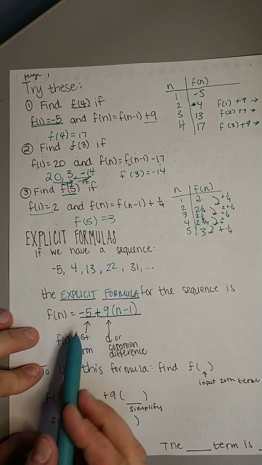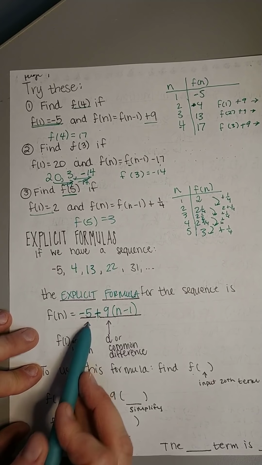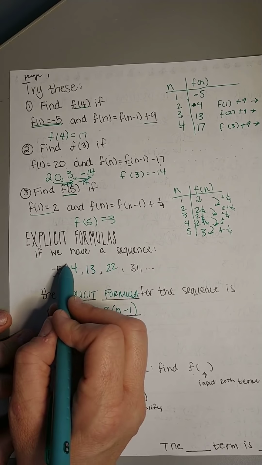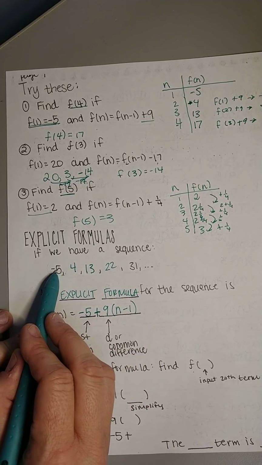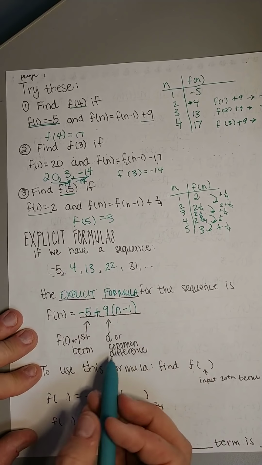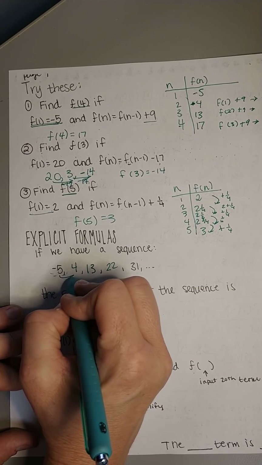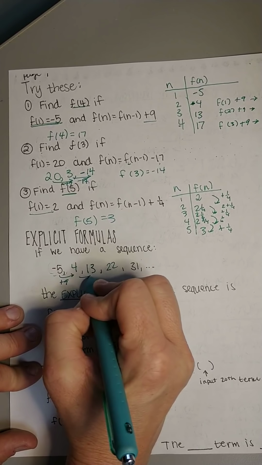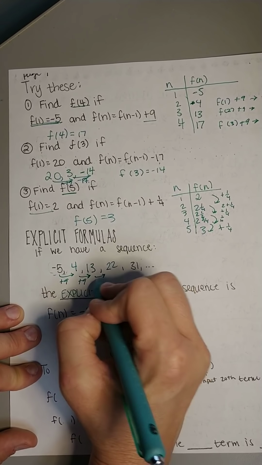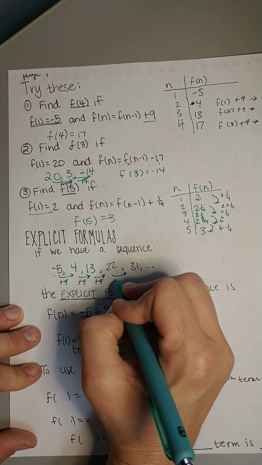Now, here's what this means. Here's my first term, -5. So this -5 came from this -5. Remember the common difference? What am I doing to get from one term to the next? I'm adding 9 to each term.